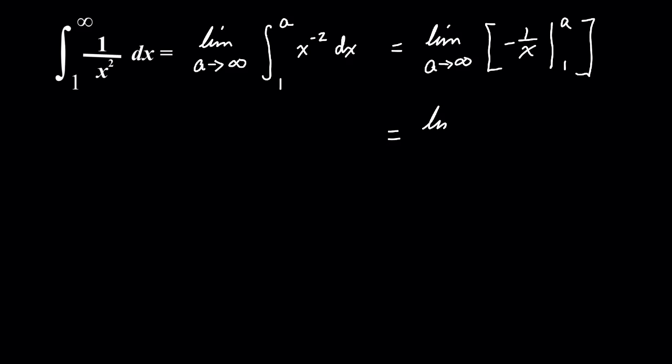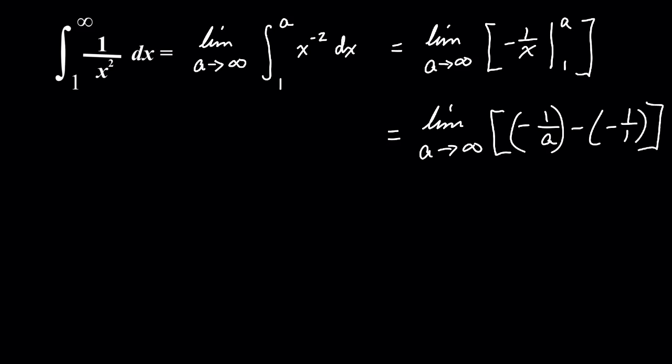All right, so this comes out to the limit as a approaches infinity. Plug in, evaluate our definite integral, so you're going to have negative 1 over a minus negative 1 over 1. And simplifying this just a little bit will give us negative 1 over a plus 1.